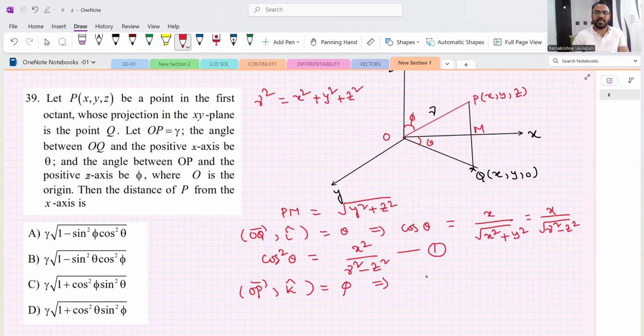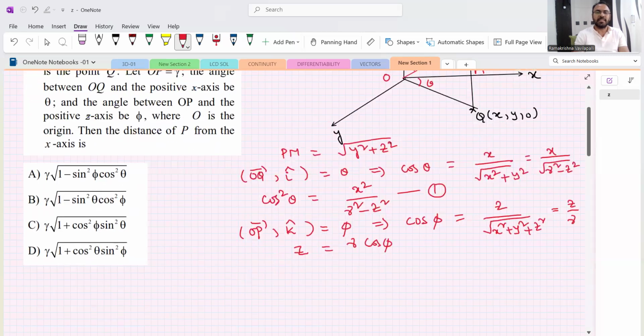So cos phi equals z by under root x square plus y square plus z square, nothing but gamma. So this is z by gamma. So from this, what is z? z is equal to gamma into cos phi, isn't it?